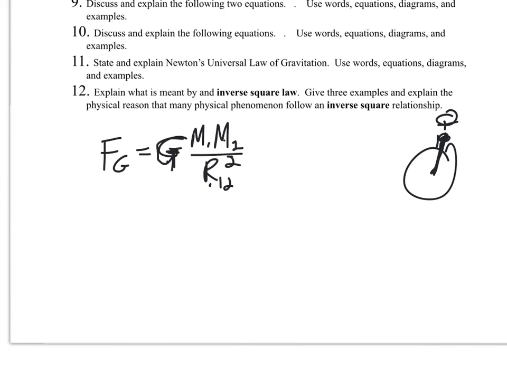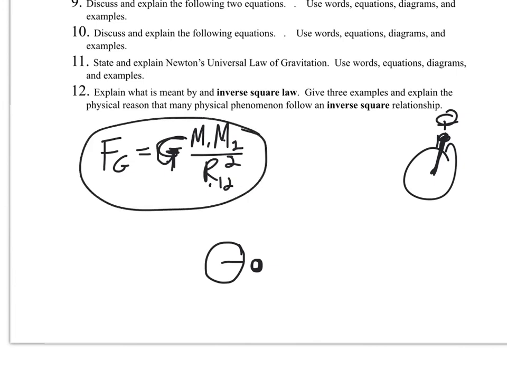And from that we get the inverse square law, which says that if you take, say, a satellite, the Earth's radius is 6,400 kilometers, so say we go to 7,000 kilometers with a satellite, and we use this equation to calculate the force on the satellite, and then we move that satellite from 7,000 kilometers to 14,000 kilometers, then we double the distance, and by the inverse square law, the force gets 4 times weaker.